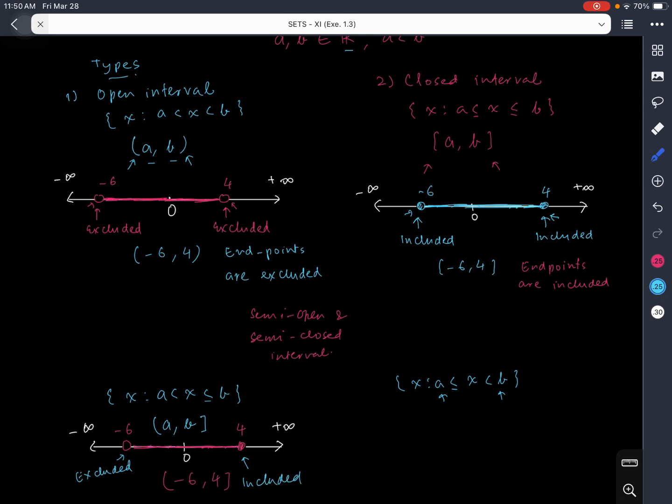Here in this case a is included but b is excluded. So the interval in this case will be [a, b). From left side we'll be having a closed interval bracket, meaning that a is included, and from right side we'll be having an open interval bracket, meaning that b is excluded. So let us again draw a number line to understand this a little bit more.